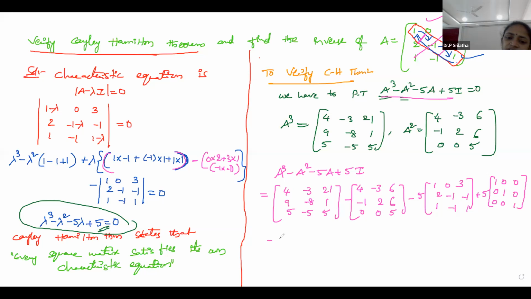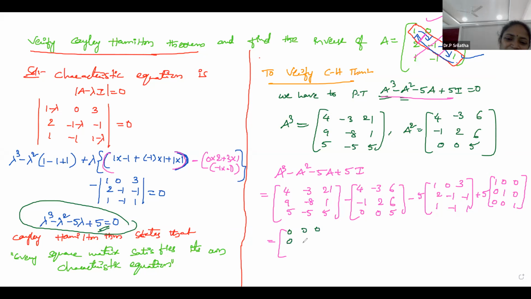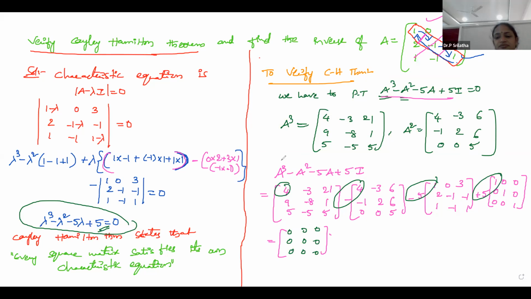Okay. So is this equal to a null matrix? Yes, ma'am. So whether it is equal to 0 or not, you have to write that it will be 0, isn't it? Otherwise, you can check once. Randomly, you can check the first elements. So this is 4, this is -4, -5 plus 5, that will be 0.